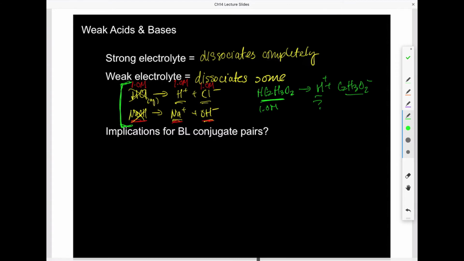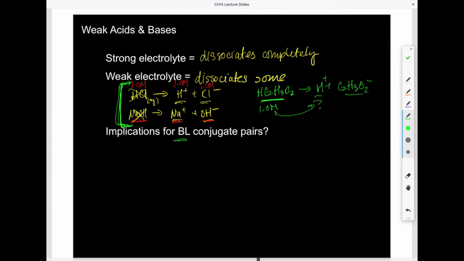Which means that strong bases, again, are the soluble metal hydroxides. Strong acids, there is a list of those back in chapter 5, I believe it is. So go back to that. But for all of those, that's where we're pretty much going to stay in terms of pH calculation, because like I said, the math from here to here is beyond where we are right now, okay?